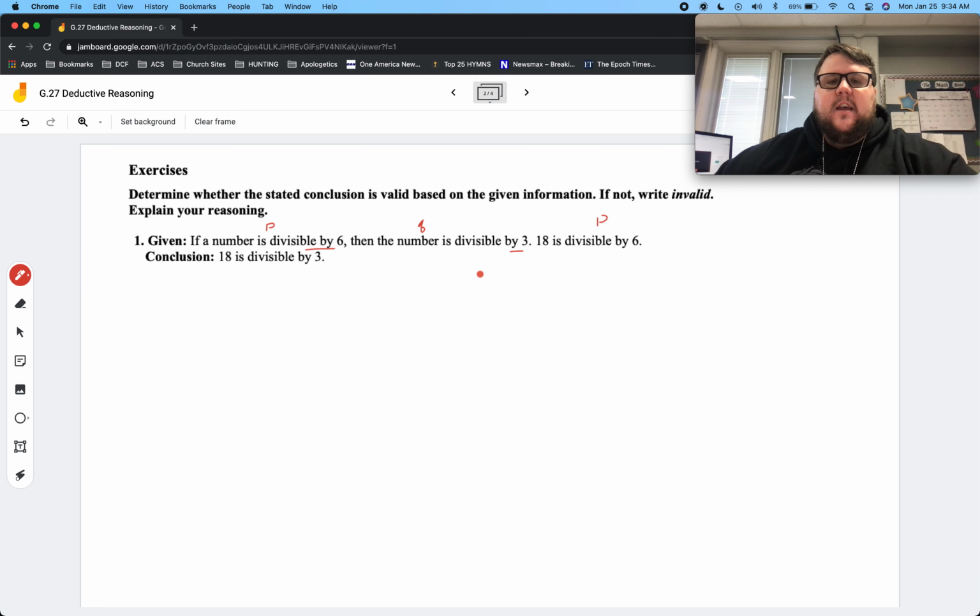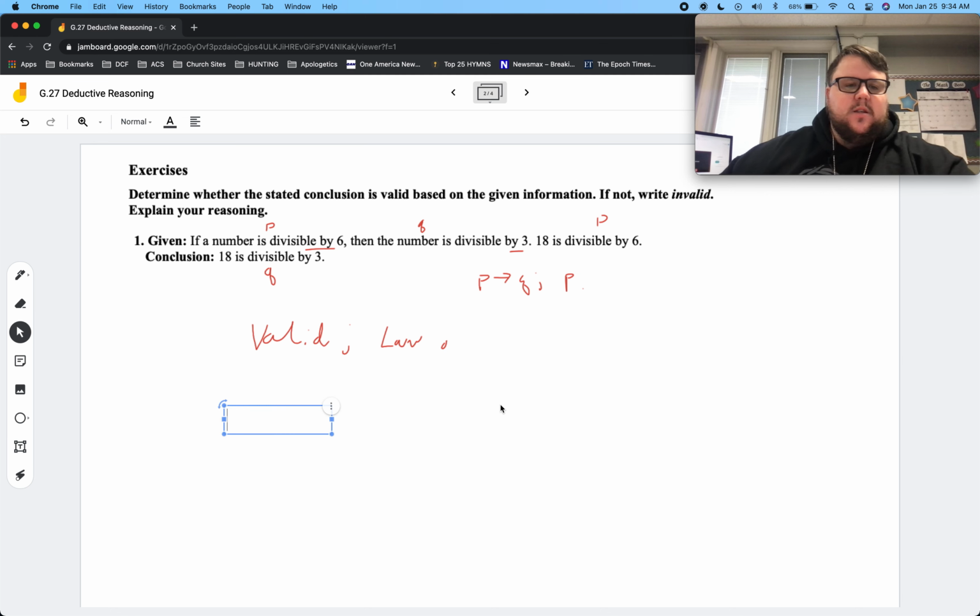So we have P implies Q, and then the statement P. So that would mean that our conclusion must be Q. 18 is divisible by 3. That's Q. So P implies Q, P, then Q. So this is valid. And why is it valid? Because of the law of detachment. I'm going to write this as a text actually.